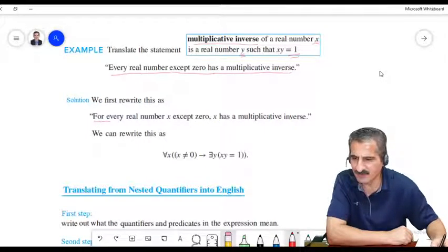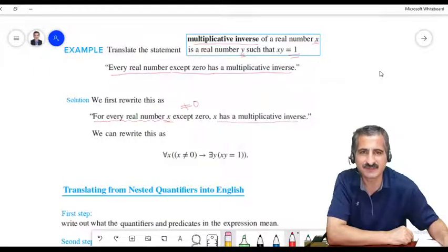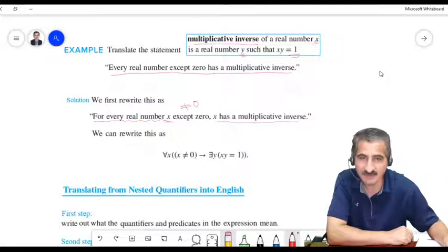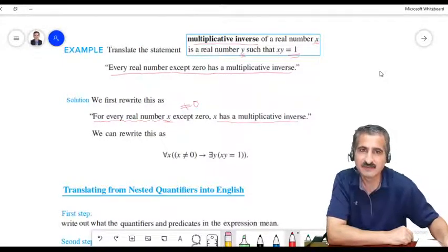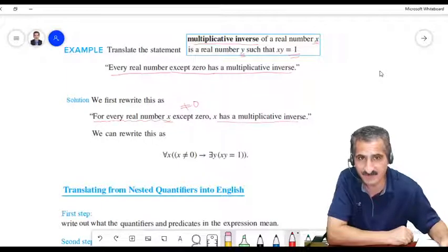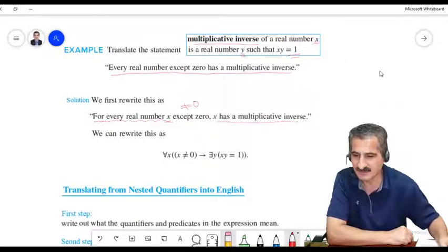We will rewrite the statement by saying for every real number x, x is not 0, x has a multiplicative inverse, which means there exists y that we multiply by x, we get 1. So we will say for every x such that x is not 0, there exists y such that x times y is 1.